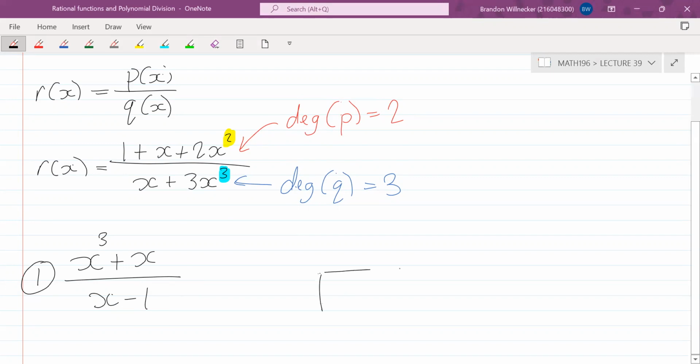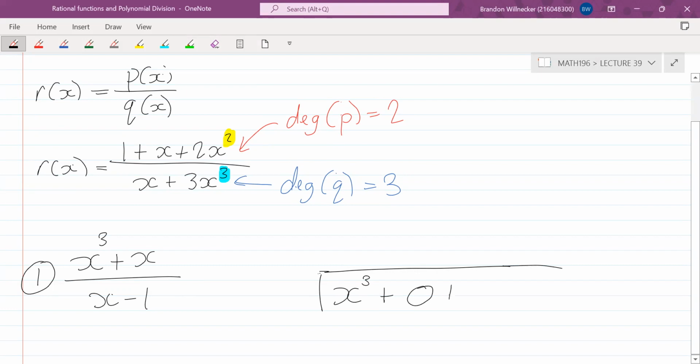So it's very similar to numeric long division that you learned, but here we don't have numbers, we have the terms of the polynomials. So we're having x cubed plus, now there's no x squared term, so we're going to leave that blank, so we can put a 0 for that.